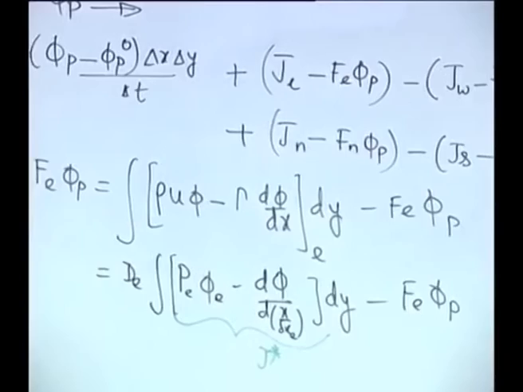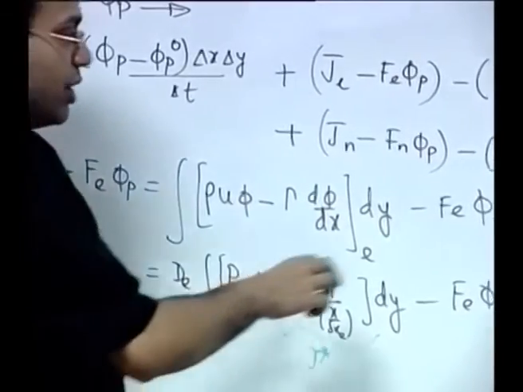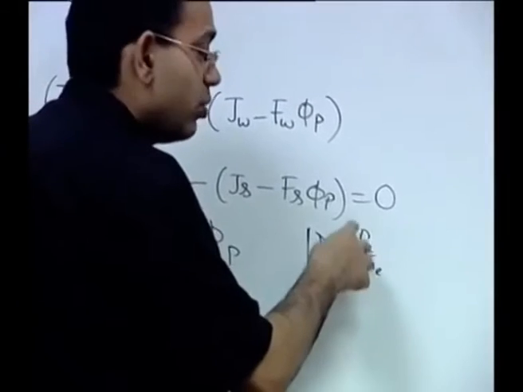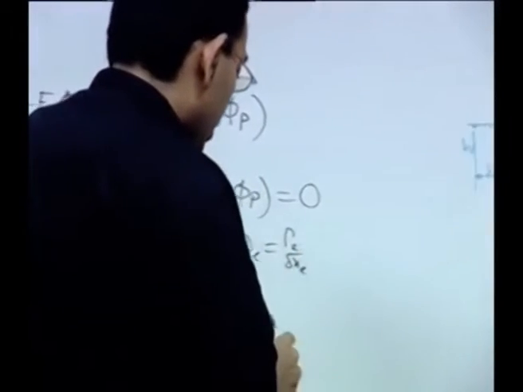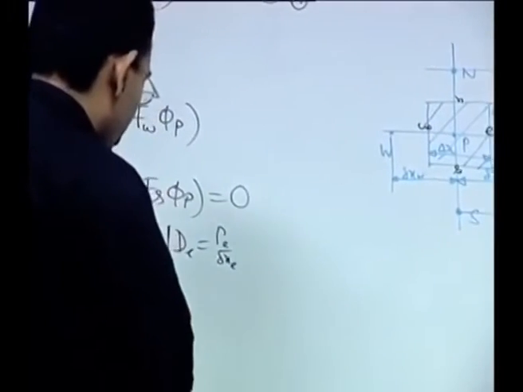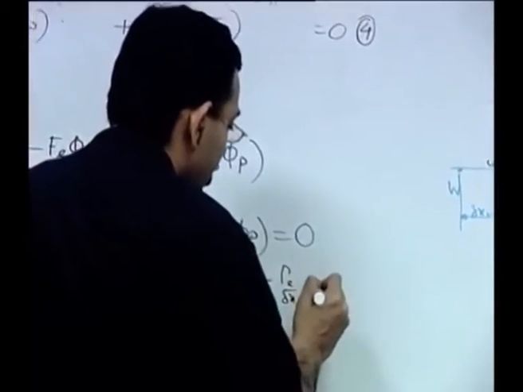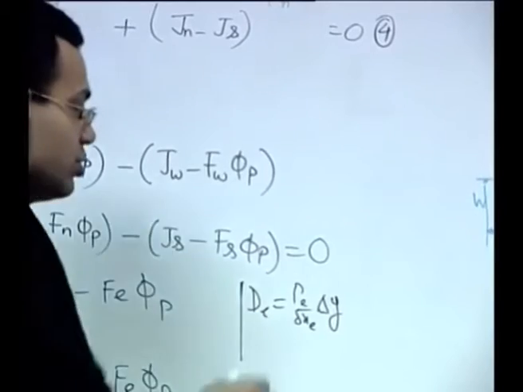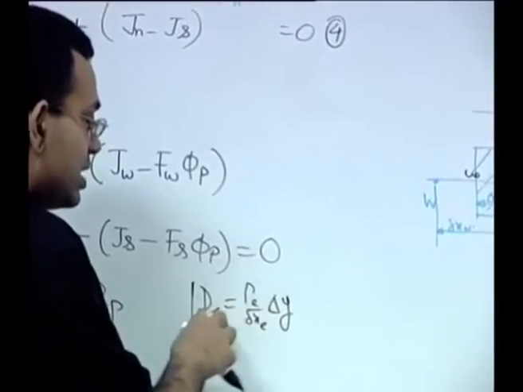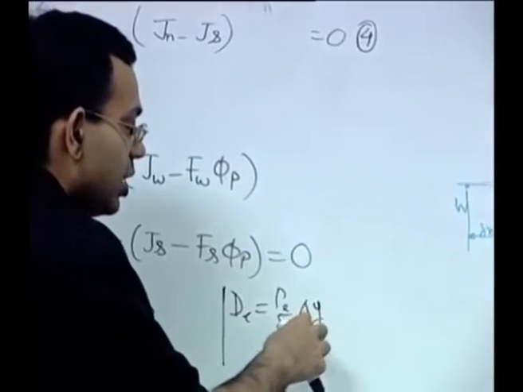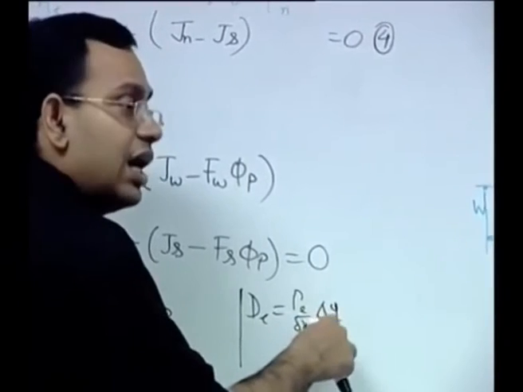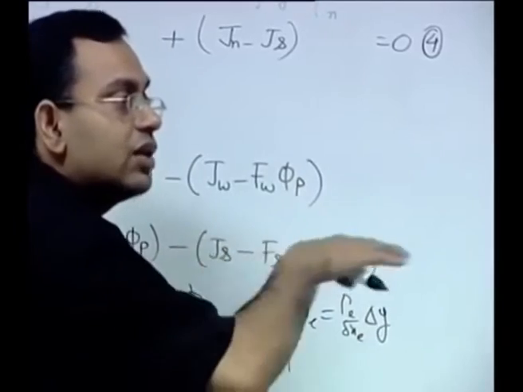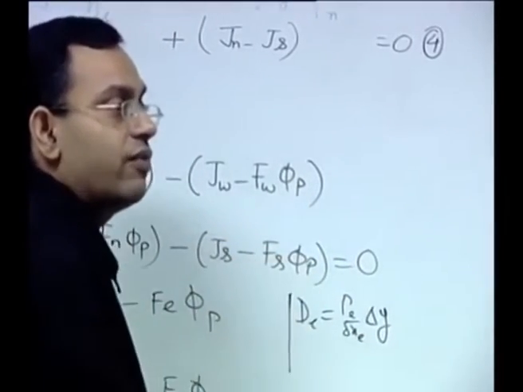Now, when we defined d equal to gamma e by delta xe, that was a one dimensional problem. In a two dimensional problem, we can define d in a bit of a different way. We can multiply by delta y. This is the total diffusion strength, because this is like per unit area and delta y into 1 is the area perpendicular to the direction of the propagation of the diffusion flux.